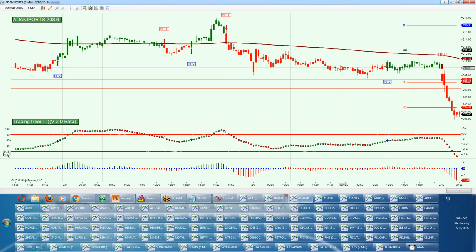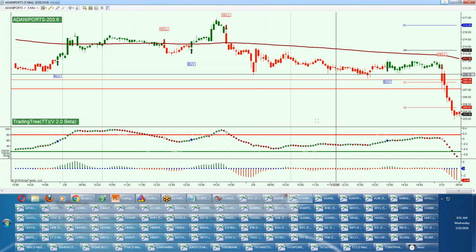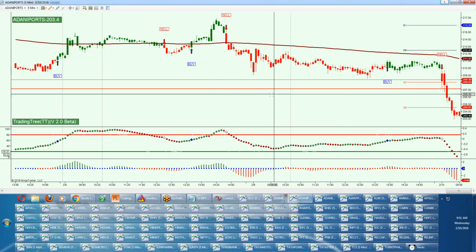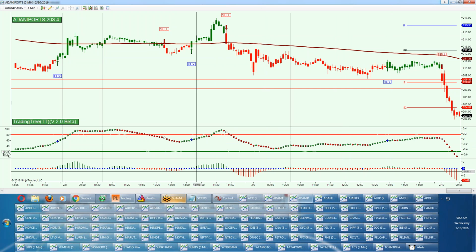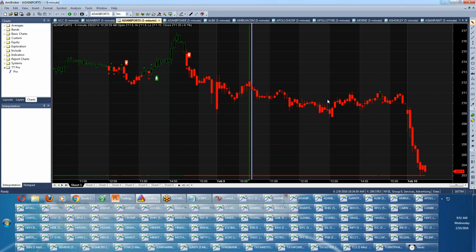Now the idea of having Ammyy Broker is it will give you the trend, and here in your trading tree you will get your support, resistances, targets, your stop losses, all these things.